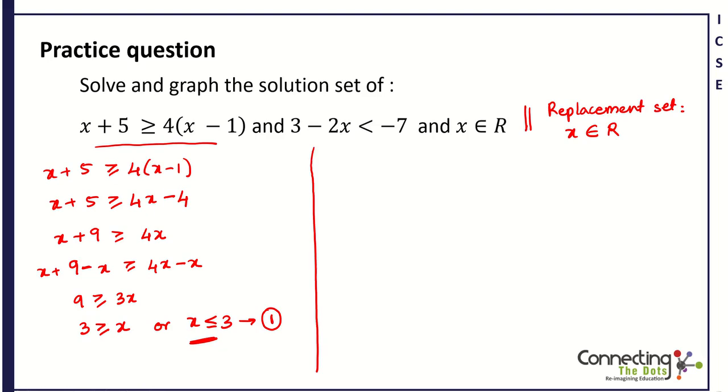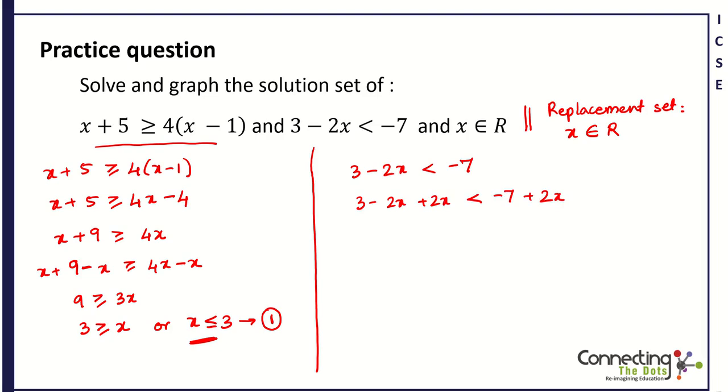What is the second condition saying? So it is 3 minus 2x is less than negative 7. By adding 2x to both sides, we end up with 3 minus 2x plus 2x is less than negative 7 plus 2x.